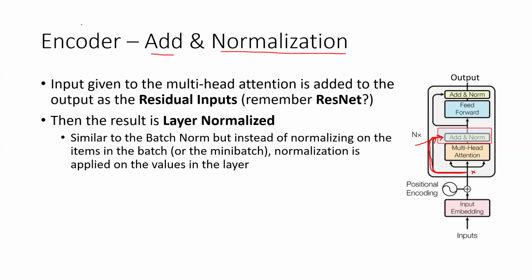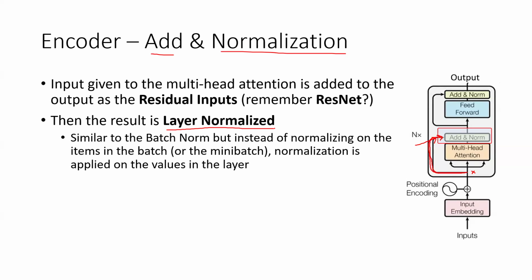The second part of this Add & Norm is the normalization part. Actually, this is a layer normalization phase. So we have learned about batch normalization, where you take the whole batch if you are using batch gradient descent, or mini batches if you are using mini-batch gradient descent.